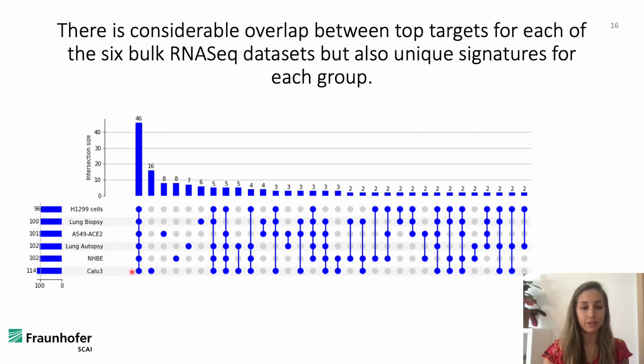And this is reassuring because it shows that there's consistency in this algorithm. You can also see here that the next largest groups of overlaps were actually distinct for individual data sets. And that shows that this guilty targets workflow also has some sort of data set dependency, which further reinforces the idea that one should use multiple data sets when trying to do something like this.